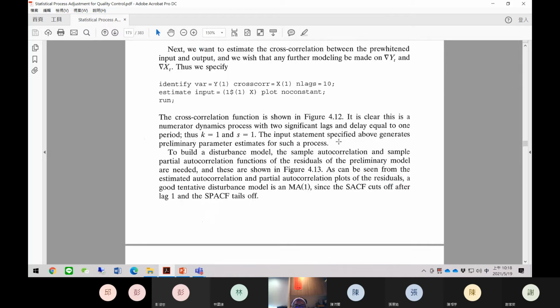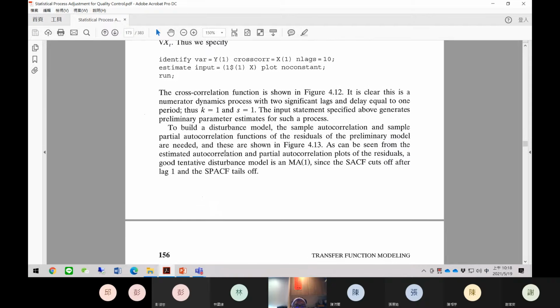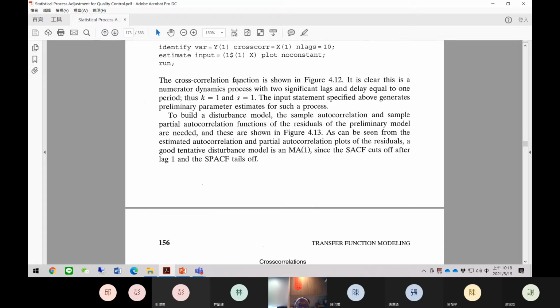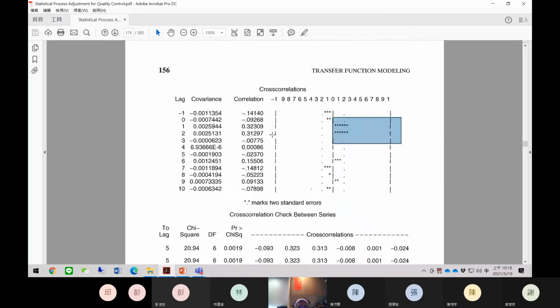So the input statement specified above generates the preliminary parameter. To build a disturbance model, the sample autocorrelation and sample partial autocorrelation of the residual of the preliminary model are needed. So they are plotted and shown in figure 4.13.